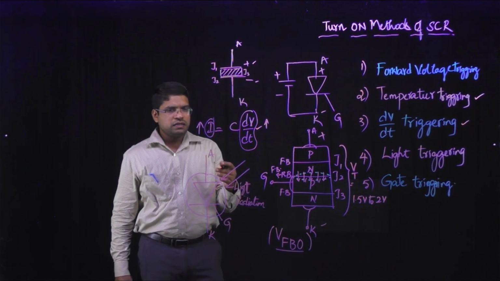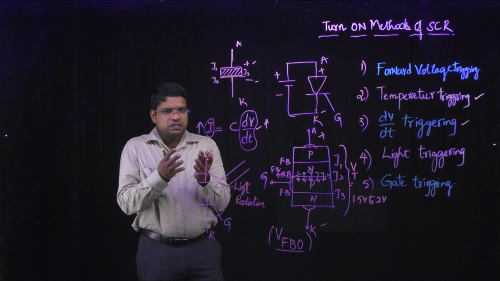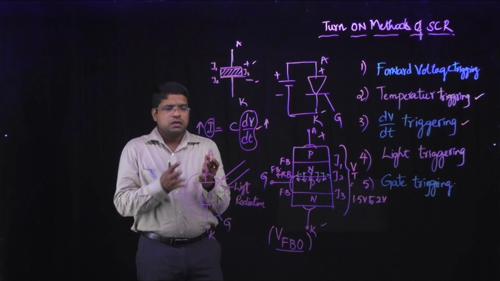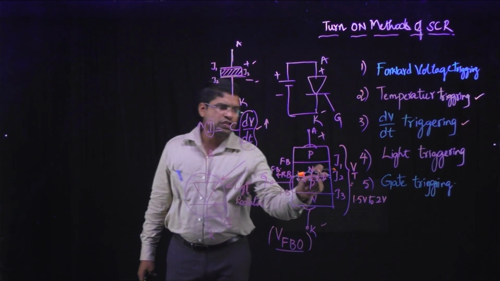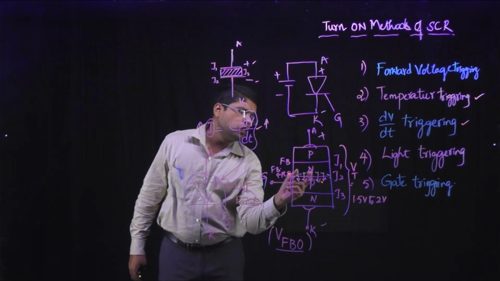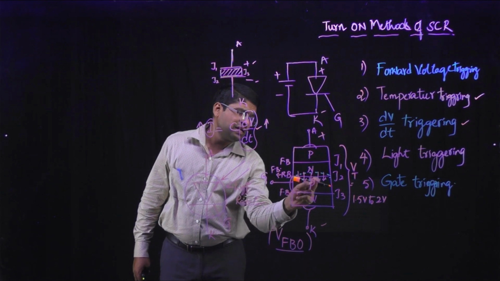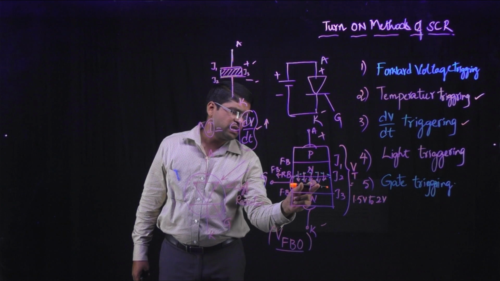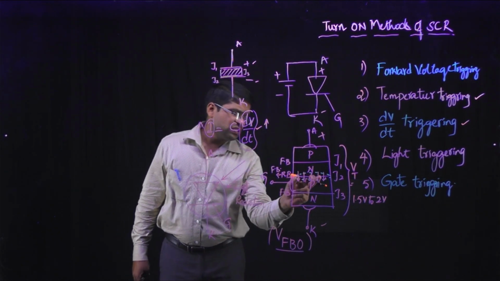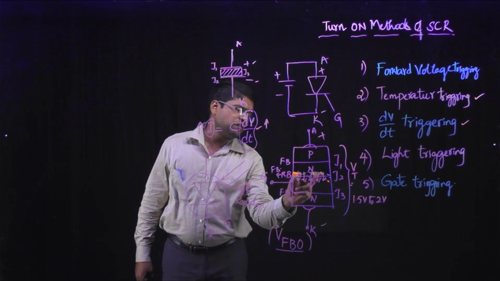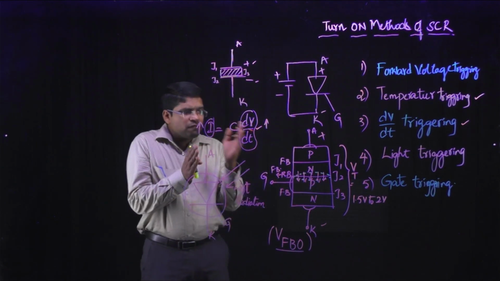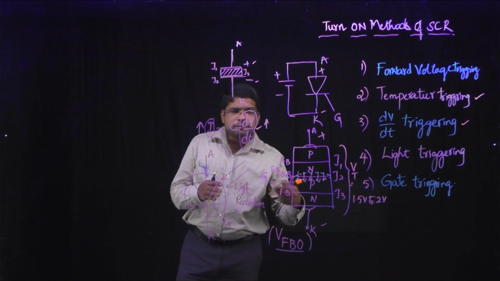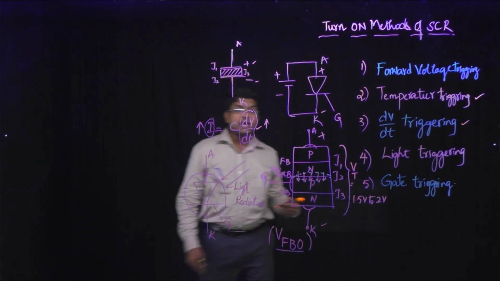When light radiations with appropriate wavelength and intensity strike junction J2, electron-hole pairs get generated in the inner P layer. Then junction J2, which is reverse biased, becomes forward biased, and hence the device will be turned on. This type of triggering is called light triggering.